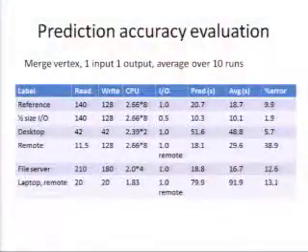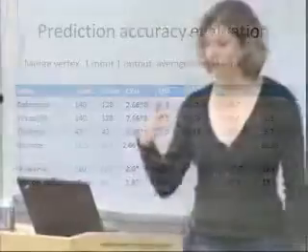So what I've got here is results of a larger evaluation that we did, and this is just showing one vertex, a merge vertex, and in this case the merge vertex has only got one input and one output.